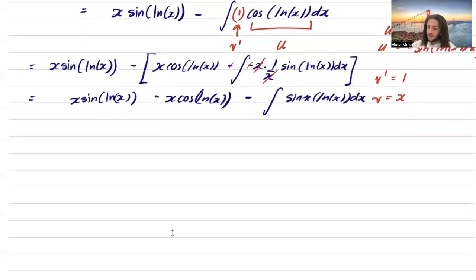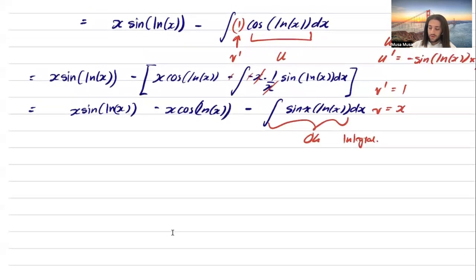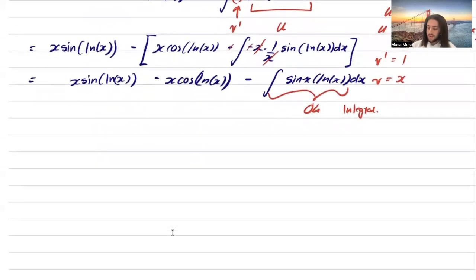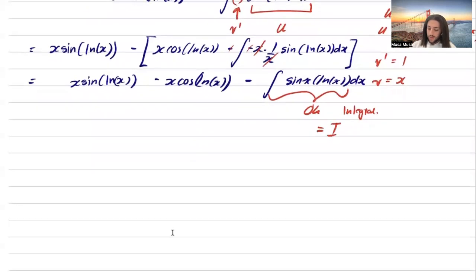Wow, isn't that my OG integral? Yes. So let's just let this equal I, do that in red. Our original integral, which was the integral of sine of ln x, is equal to x sine ln x minus x cos ln x minus the integral.